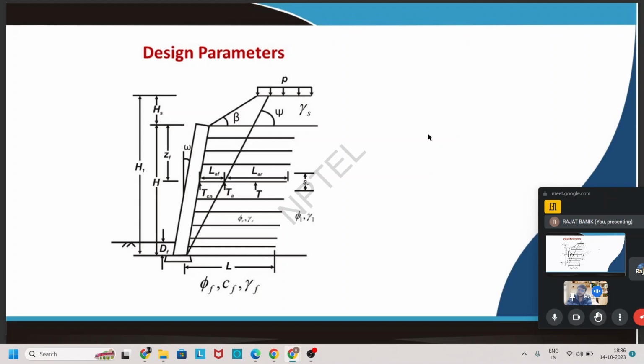So we see that the top slope angle is beta, and then the failure surface angle is psi. Top slope surface unit weight is gamma s. Also shown is the total height of the wall, h1, and the top height, h suffix s. Like this, different things are shown in this figure.